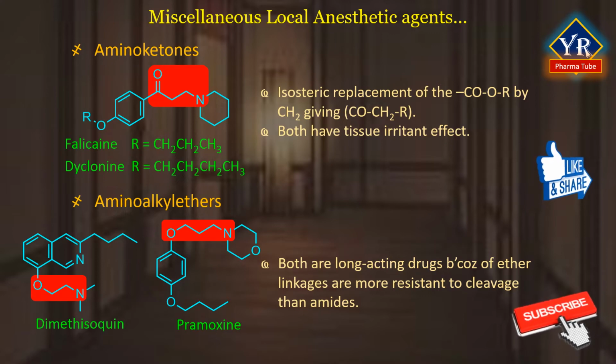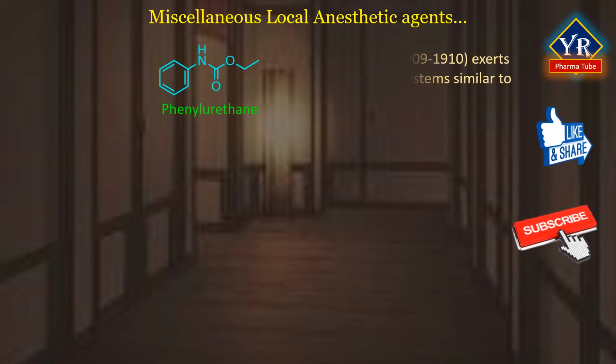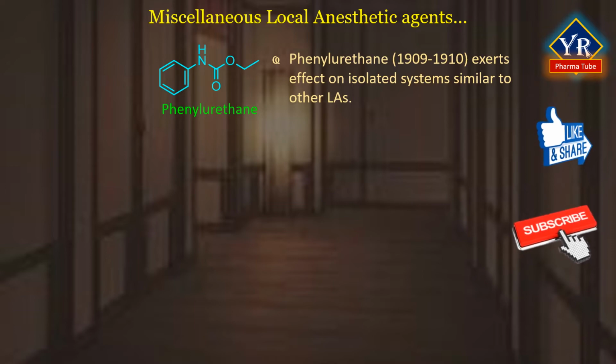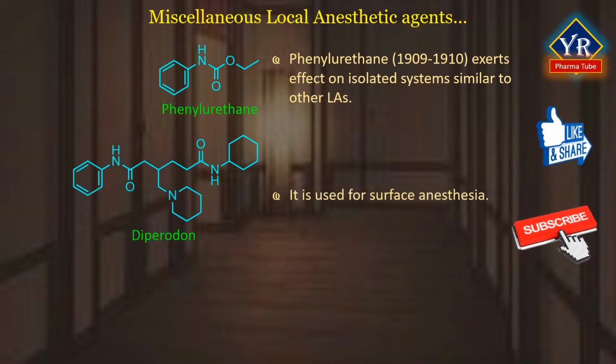For example, dimethoxyquine and primoxine are two highly active amino ethers which have found clinical use as topical anesthetics with prolonged activity. Phenylurethanes were known to exert effects on isolated systems similar to those observed with local anesthetics. A clinically useful amido dicarbamate, that is Diperodon, was prepared in 1930. Diperodon is used for surface anesthesia in the form of ointment.